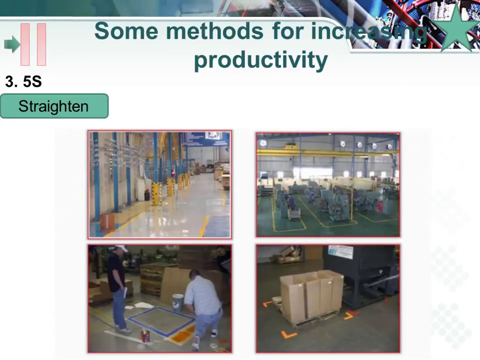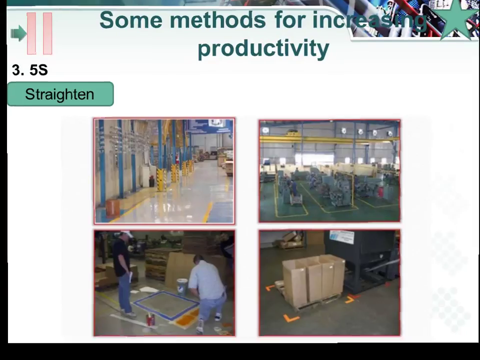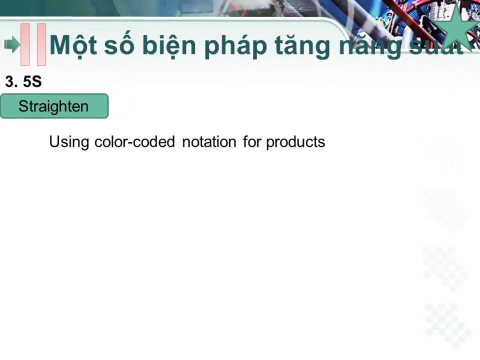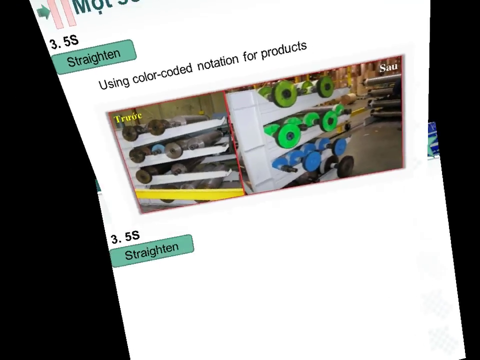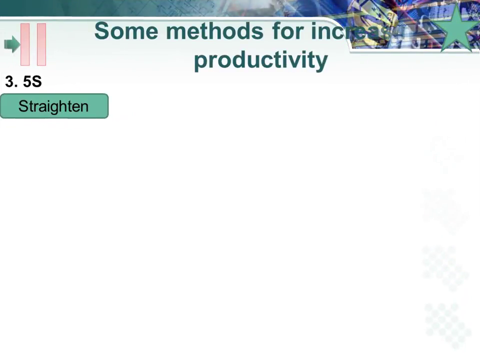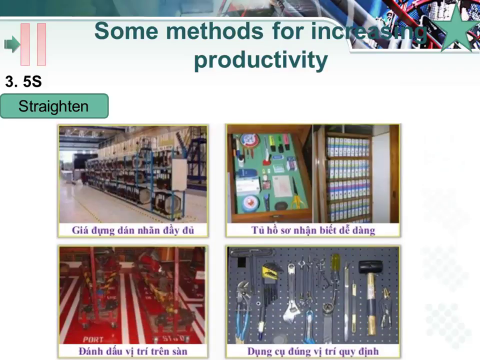The second, the soft work is about 86 to 94 centimeters, and the final, heavy work about 71 to 86 centimeters. The fifth example is about the lighting of the working place. And go on to more examples about straighten.